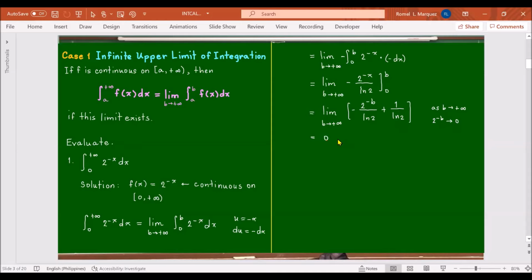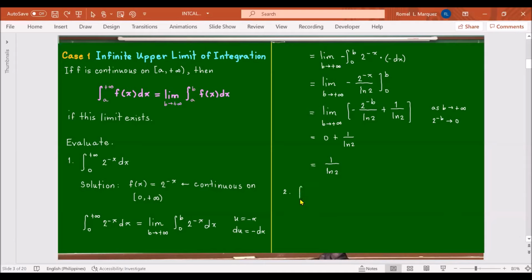So that we have 0 plus 1 over ln 2. So finally, we have 1 over ln 2. Okay? So this means that this improper integral converges because this is a finite value. It converges to 1 over ln 2. Okay? So let us have the second one.